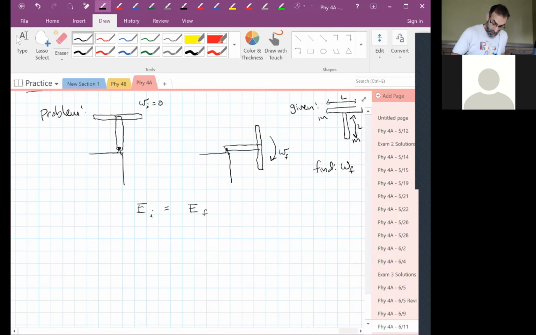All the initial energy is gravitational potential energy. And at the end, what do we have? Rotational kinetic. You could do this too. You could treat each rod sort of individually, or you can find the center of mass of the system, whichever you prefer.